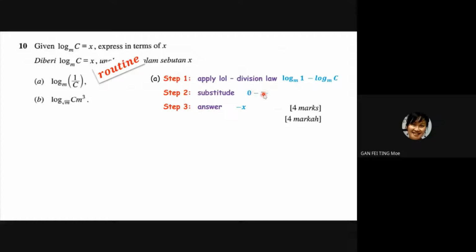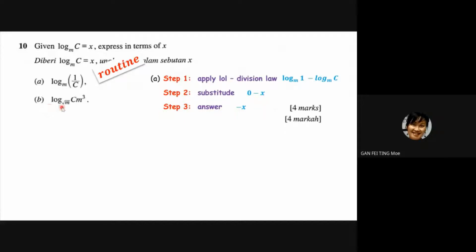Then 0 minus X. How I get my X? Because this is given as X. So ambil dia X. So my answer is negative X. Inilah baru layak. Sama ada dia 1 markah ataupun 2 markah, ikut skema. I'm not here to talk about the marks. I emphasize on the working. I'm more keen in the working than marks.